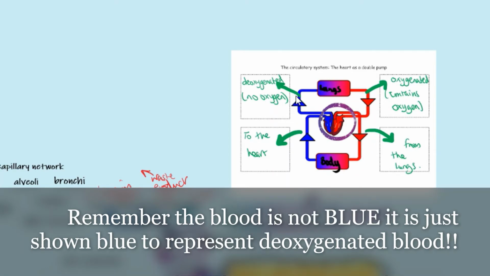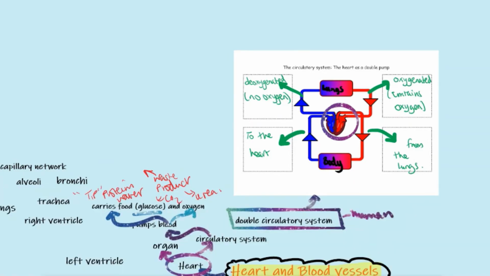The blue represents the deoxygenated blood, which means it has no oxygen in it, and the red arrows show the oxygenated blood, which means it contains oxygen. The heart has 4 chambers, 1, 2, 3 and 4. We'll look at these chambers and how the blood travels in the circulatory system in my next video.